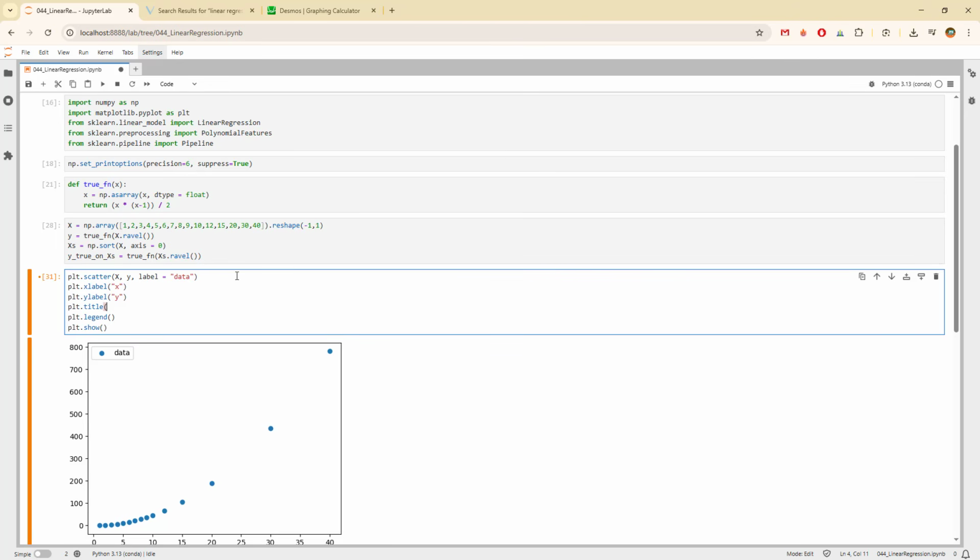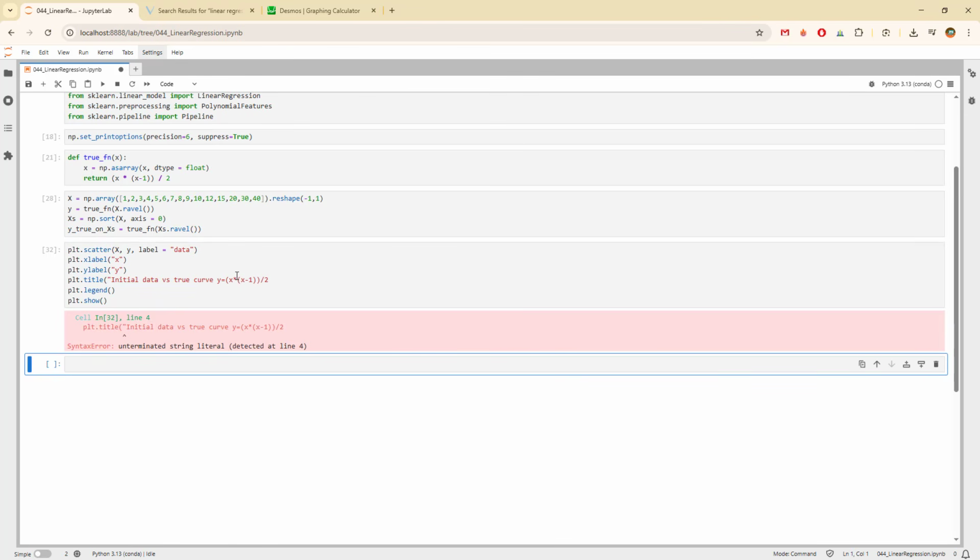Title. y equals x times x minus 1, this one for every case in parentheses, divided by 2, and this one here as well. So let's see what we got.